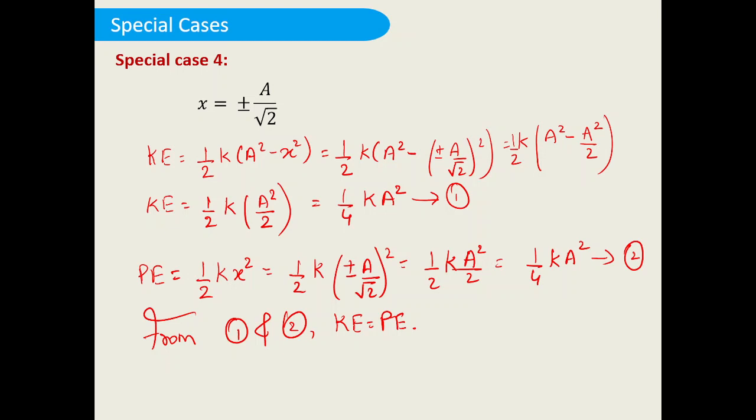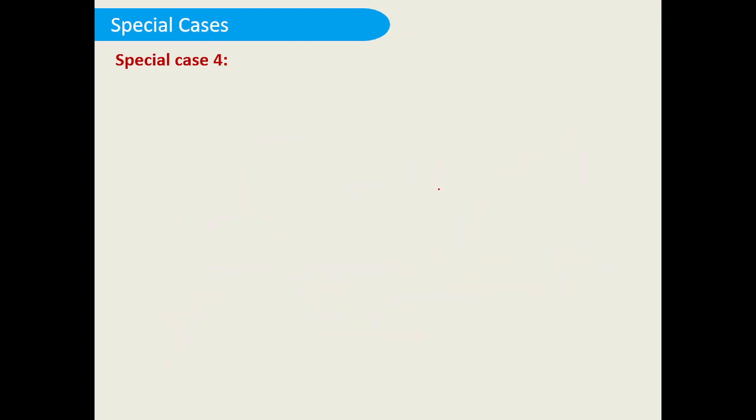Now what is going to happen at x is equal to a by 2? Let us see that also. So I can say at x is equal to a by 2, what is kinetic energy?